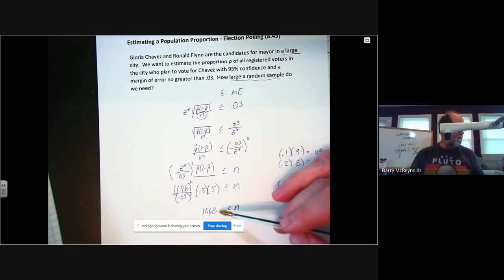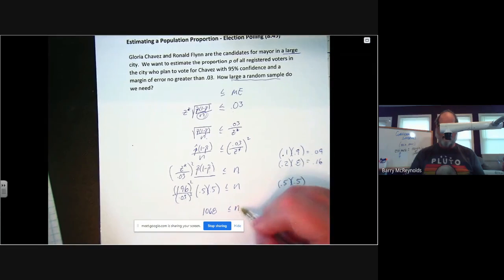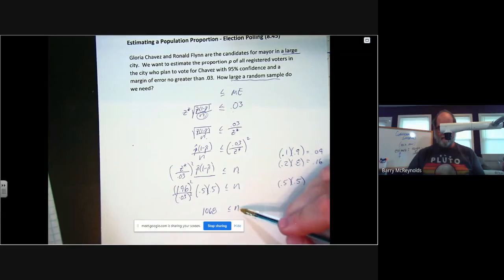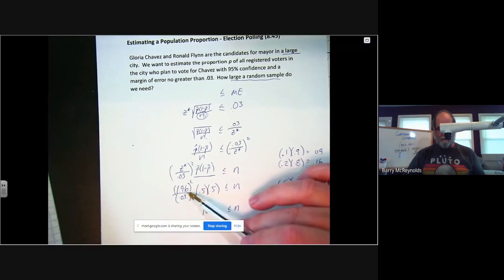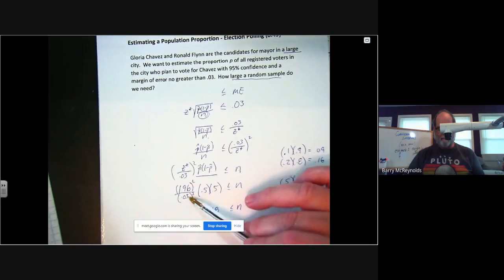I think this turns out to be 1,067.1 or something like that. But we're going to round up to the next whole number because, like I said, we want to make sure N is as large as it needs to be to still meet what we want in terms of the level of confidence and the margin of error.